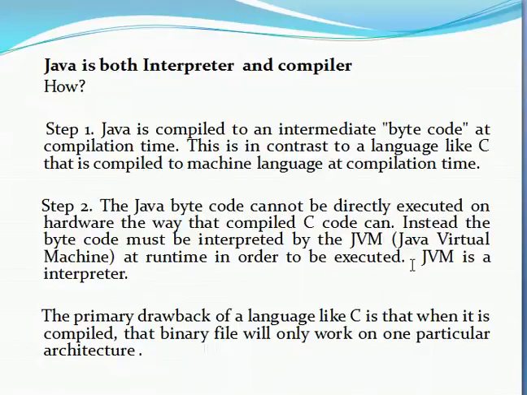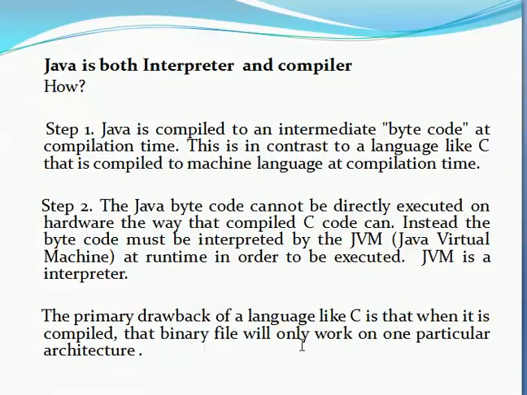It is an interpreter. Instead, the bytecode must be interpreted by the JVM at runtime in order to be executed. The JVM is an interpreter. So first, compilation happens, and then in the second step, interpretation happens through the JVM. Both processes happen because Java is both an interpreter and a compiler.